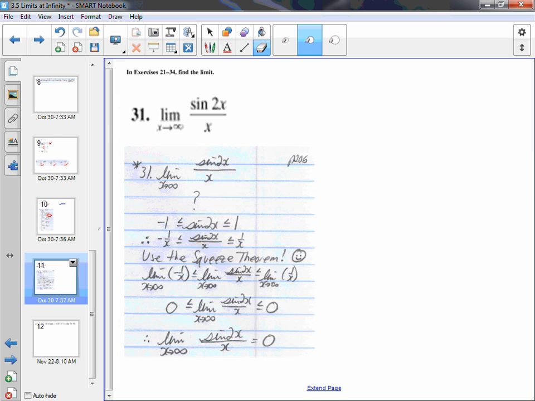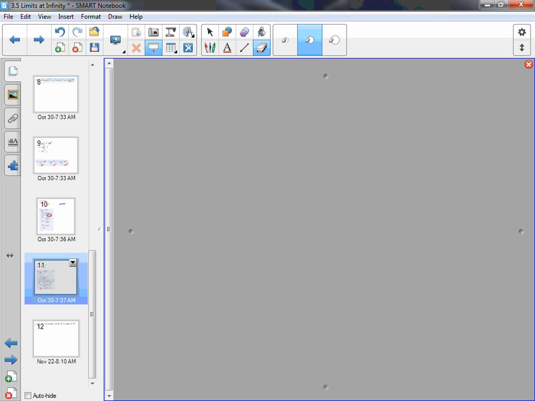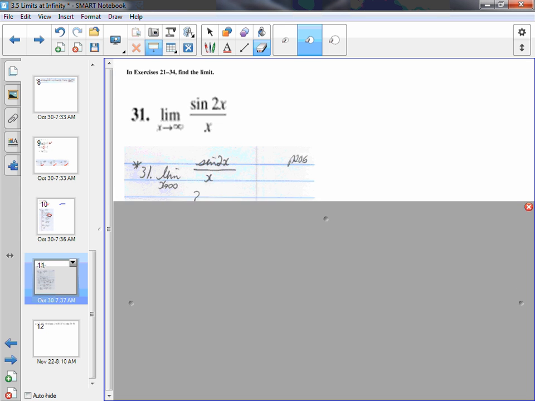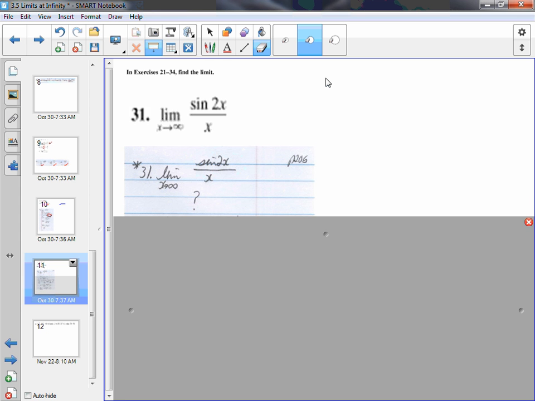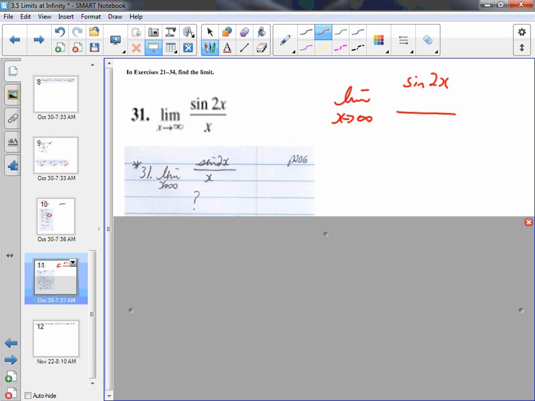The limit as x approaches infinity of the sine of 2x over x. All right, I'm completely clueless on what to do here. Because you might say, well, we've been dividing by the largest power of x in the denominator. So I've got the limit as x approaches infinity of the sine of 2x over x.